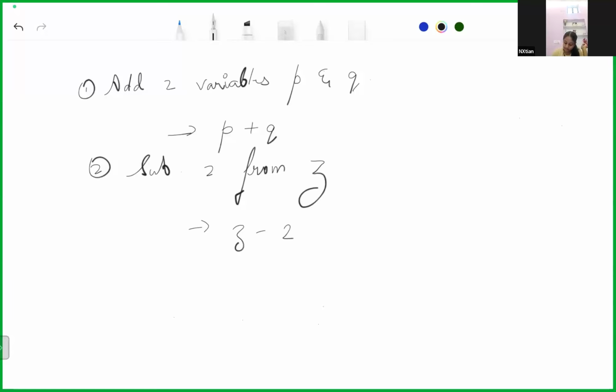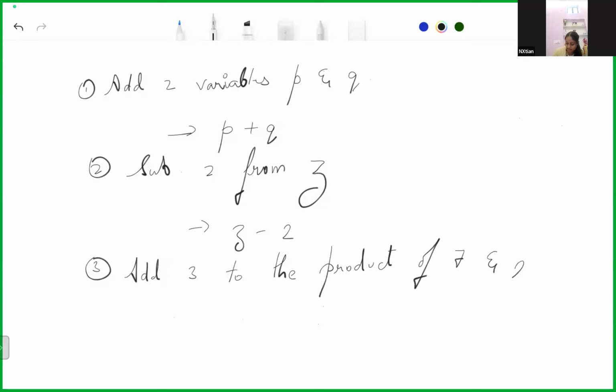Then, add 3 to the product of 7 and Z. First we have to do the product of 7 and Z, that is 7 into Z, plus 3, which becomes 7Z plus 3. So this is very simple.